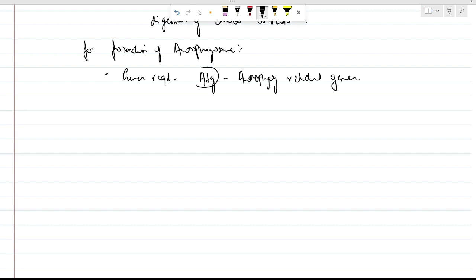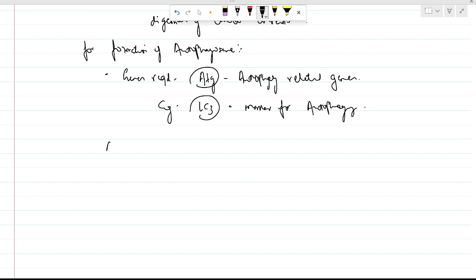Remember, the gene required is ATG gene. Okay, for example, this LC3. Okay, this LC3 is a marker for autophagy. So LC3 is a marker for autophagy.